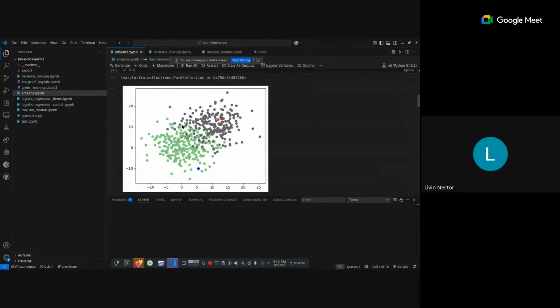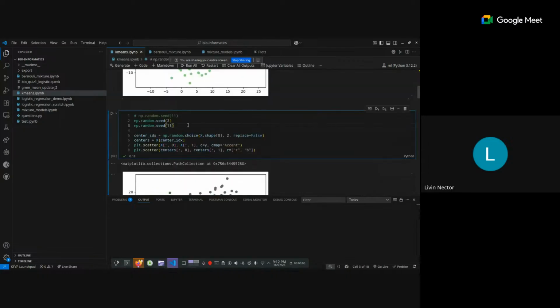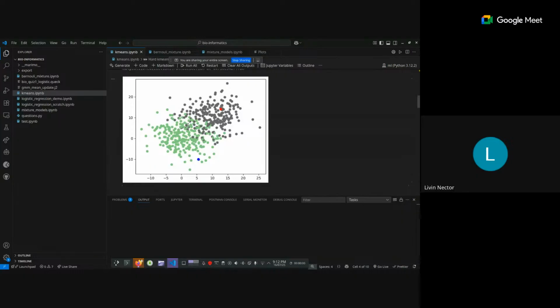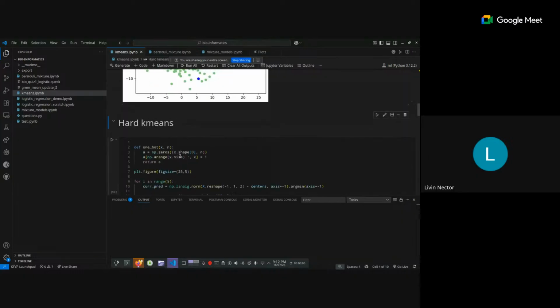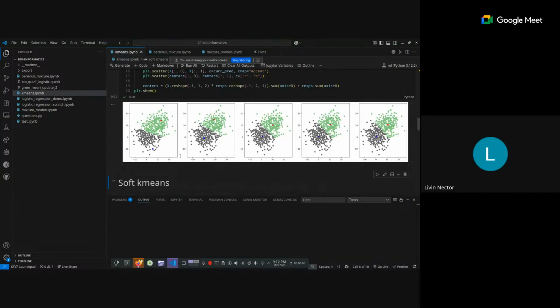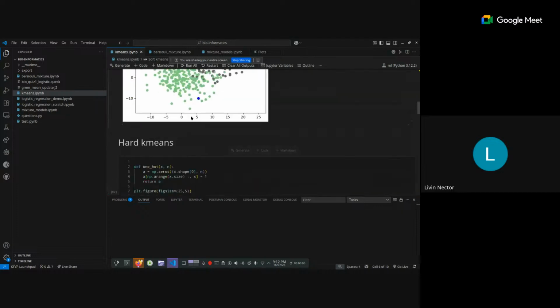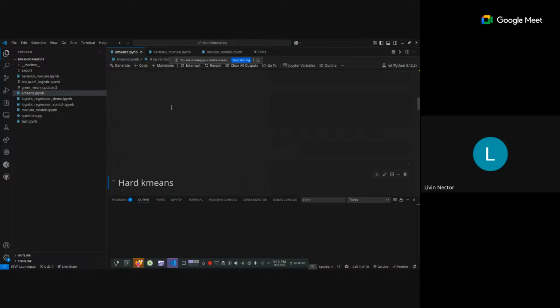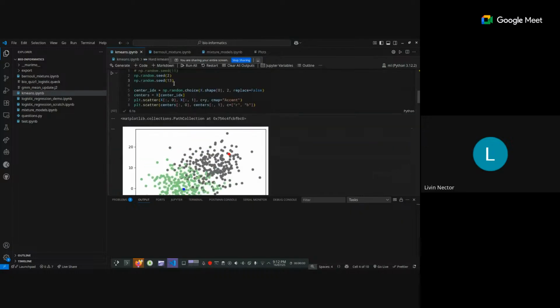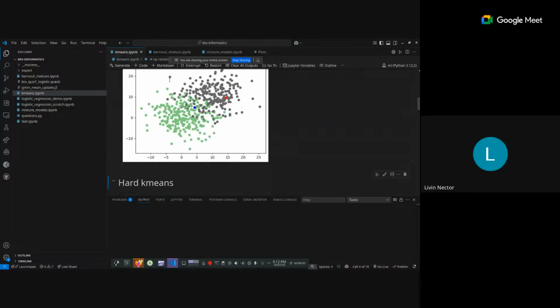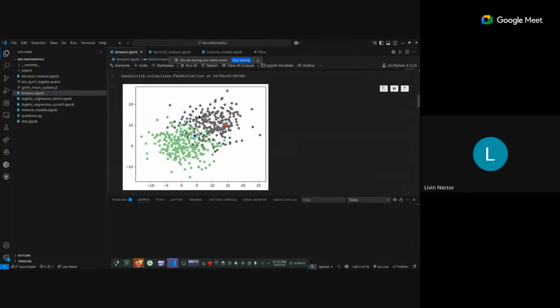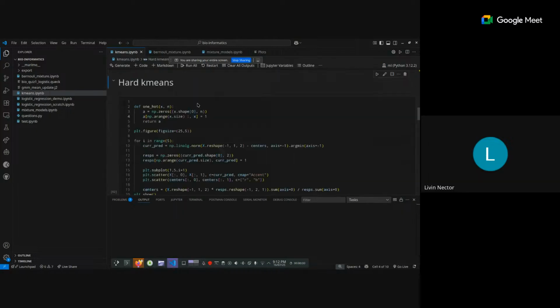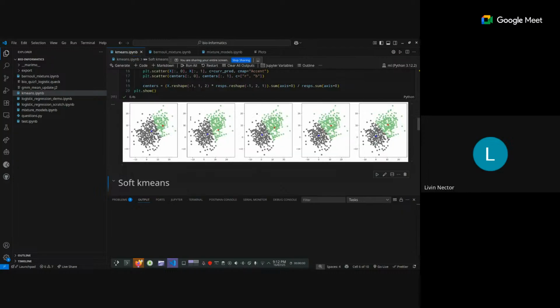Let's see. Okay, let's try with a different one. Let's try with this one.